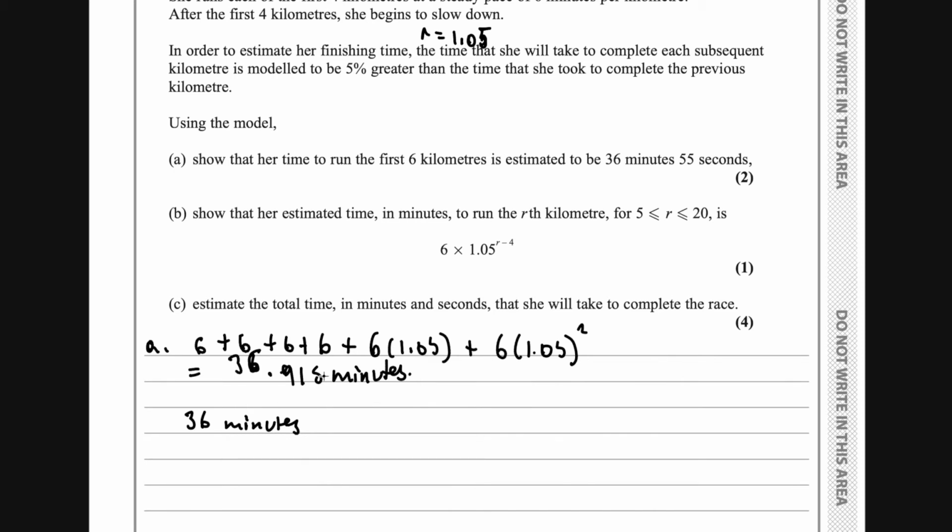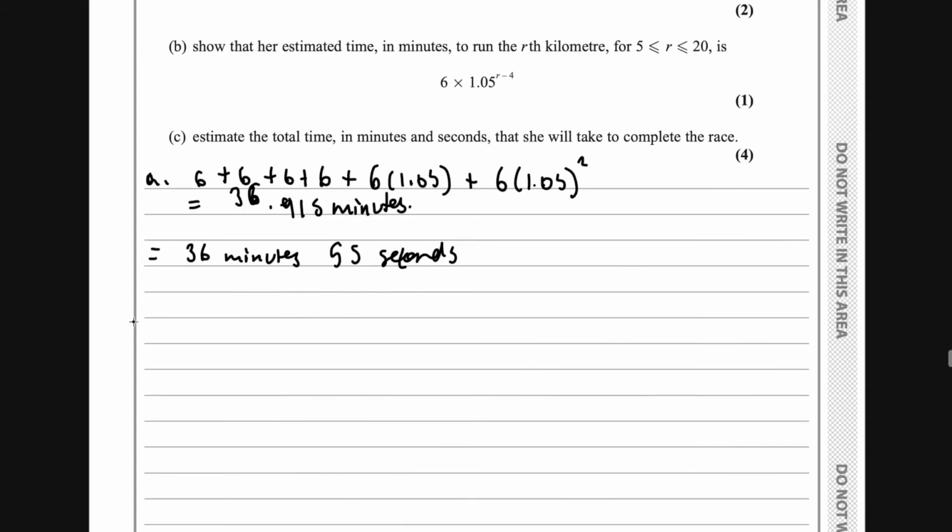And that will give us how many seconds it is. And it's 54.9 seconds, and rounding that up to the nearest second, what we get is 55 seconds, as required there.